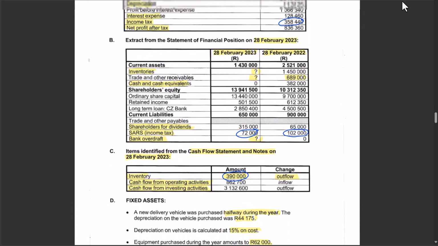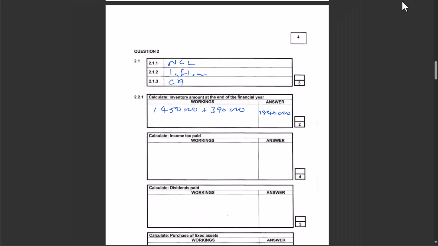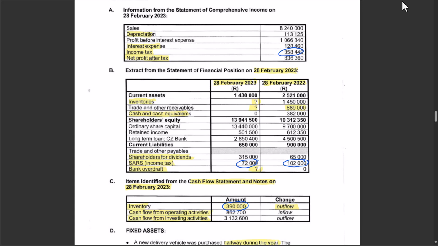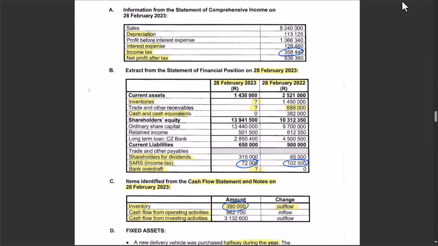So that will be equal to the opening balance 102,000 plus 358,440 minus 72,000, the closing balance, which is right here.